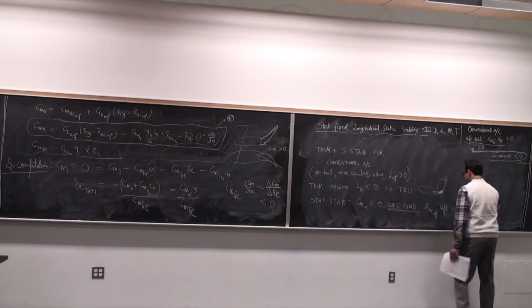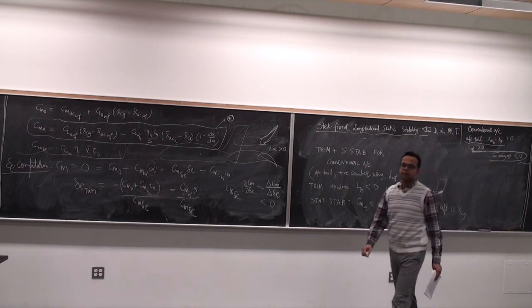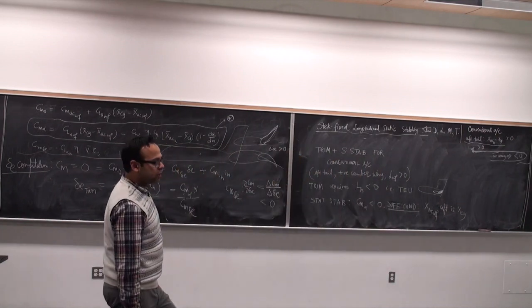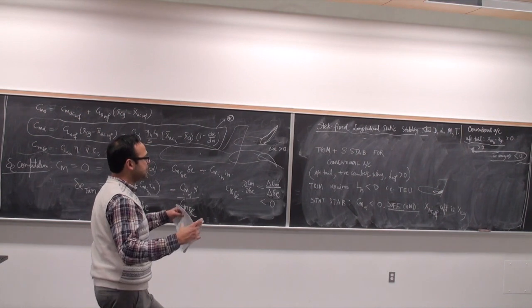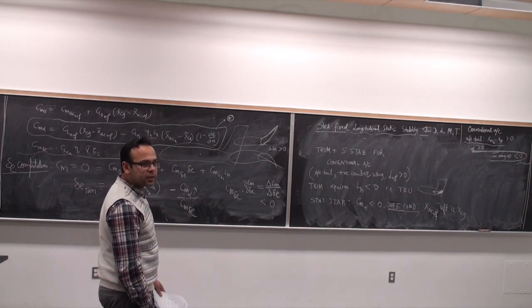A sufficient condition is that the aerodynamic center of wing fuselage is aft of, behind the CG. So the wing fuselage itself is stable, adding a tail only augments the stability.